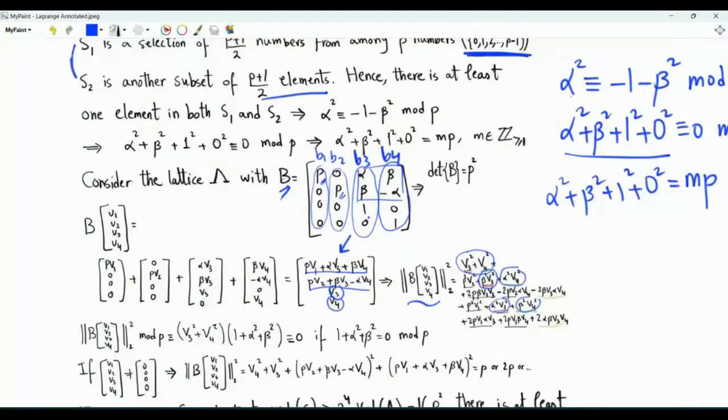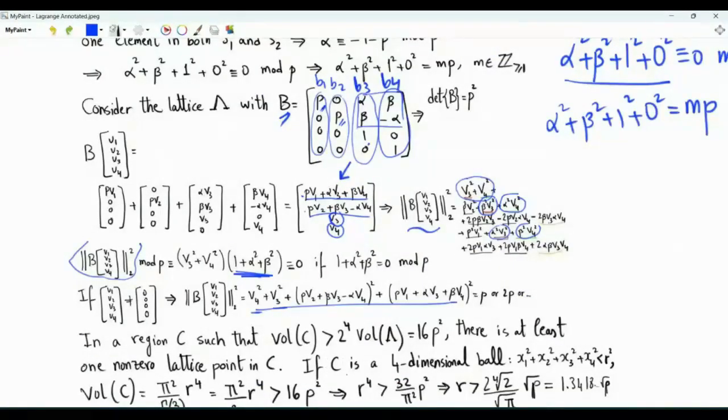The remaining terms contain P or P squared, and then there are two terms that are free from P, but they appear with an opposite sign. If we take this L2 norm squared mod P, we get V3 squared plus V4 squared times this. But this bracket is 0 modulo P, which means that this L2 norm squared is congruent to 0 mod P. This sum is P or 2P or any positive integer times P. We are not sure that it is P. It is a positive integer multiple of P.